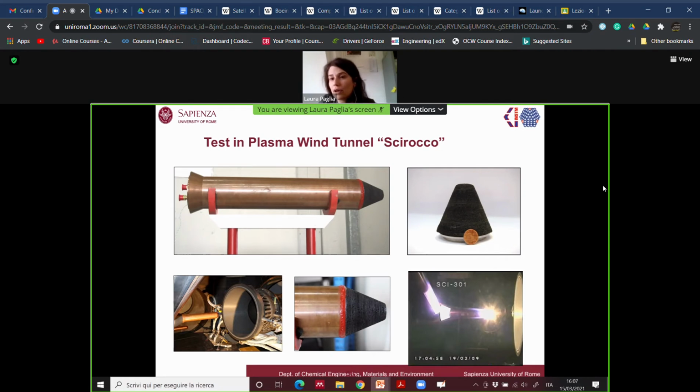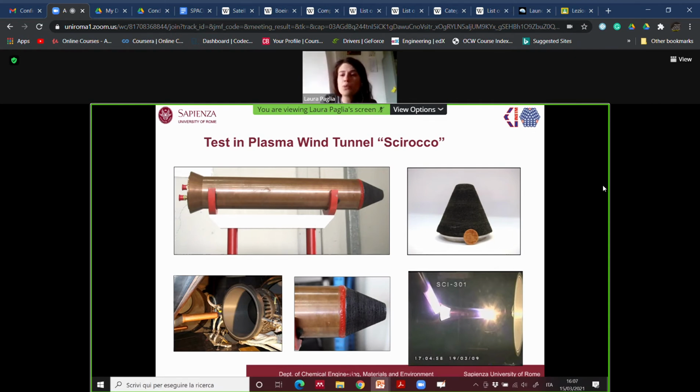the Italian Center of Aerospace Research, and it was tested some years ago, in 2009, and it was the first success of our research team, because it was built in collaboration with Thales Alenia Space in order to have a carbon phenolic ablator able to bear the re-entry conditions from the Moon.